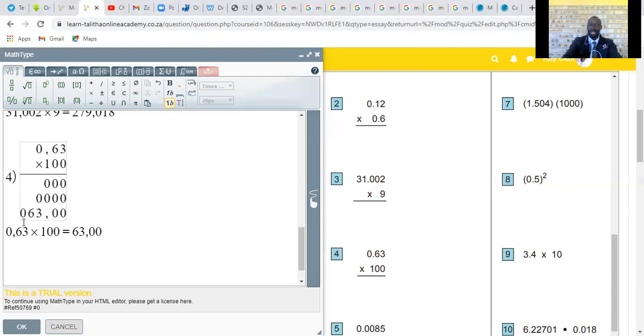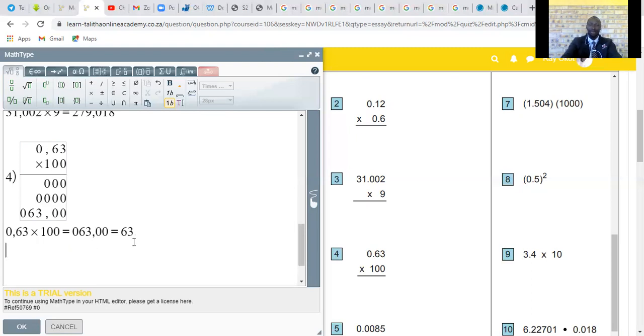We could write it as 0.063.00, but we can simplify it as 63. If you leave it this way, you are not wrong. You are still correct, but it is better to simplify it.